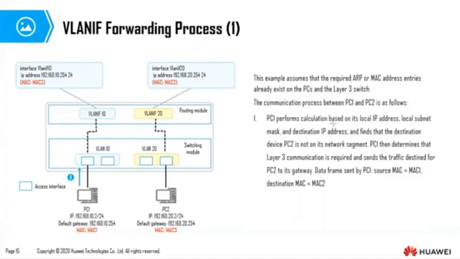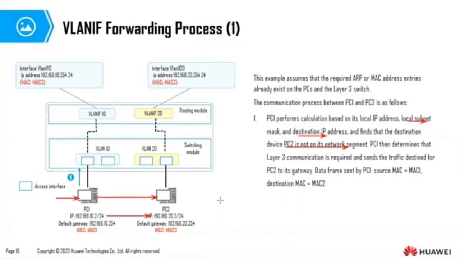PC1 performs a calculation based on its local IP address, the local subnet mask and the destination IP address, and finds that the destination device, PC2, is not on its network segment. So this one wants to talk to this one. First thing, inside the PC, it compares these two IP addresses. Are they on the same network segment?